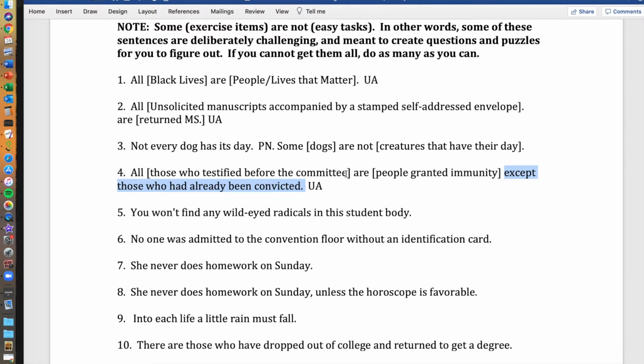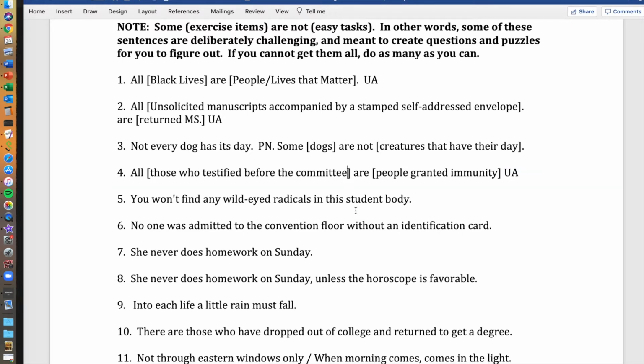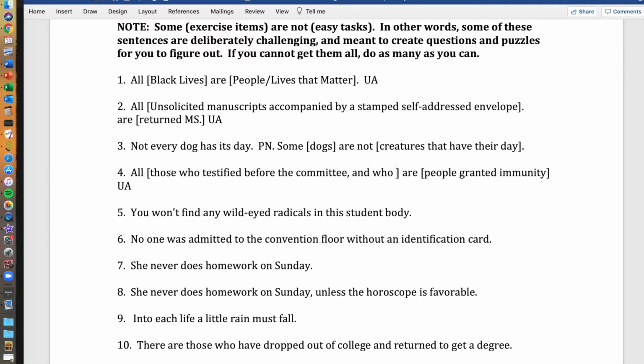So we would eliminate this here and draw it in here by saying, and who had not previously been convicted. All of that is the subject term. So the subject term, those who testified before the committee and had not been previously convicted, are the people who are granted immunity, and a universal affirmative statement.